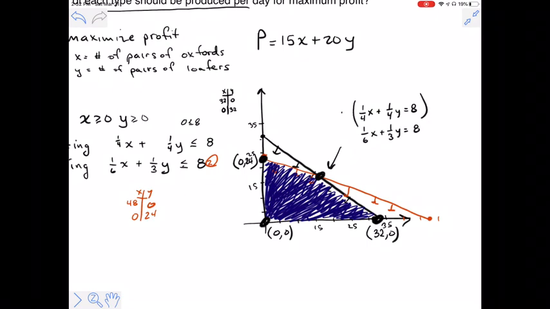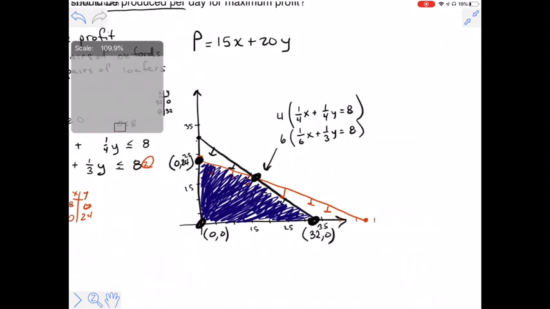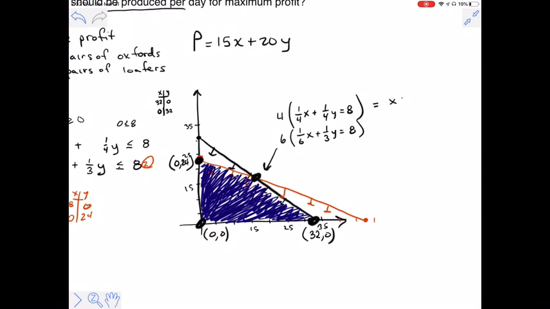I'm going to multiply this one by 4 to clear the fractions, and this one by 6 to clear the fractions. So then I get x plus y equals 32, and then x plus 2y equals 48.